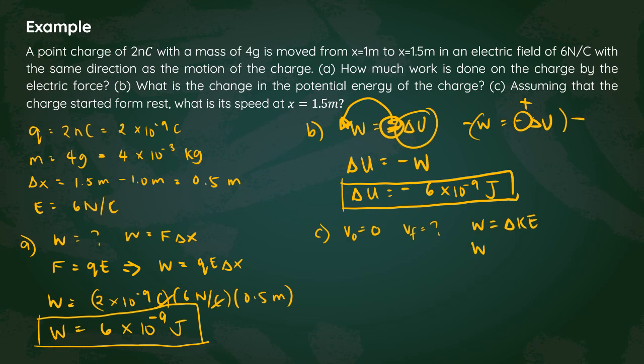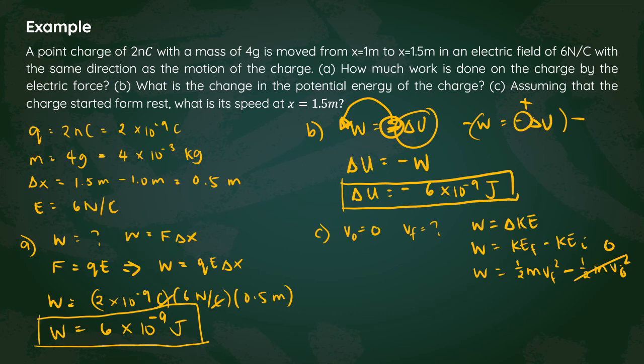And your change in kinetic energy is KE final minus KE initial, which is 1/2 m vf squared minus 1/2 m vi squared. Our vi is 0, and any number multiplied by 0 will give us 0. Therefore, work is equal to 1/2 m vf squared.